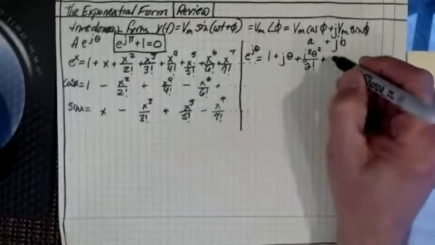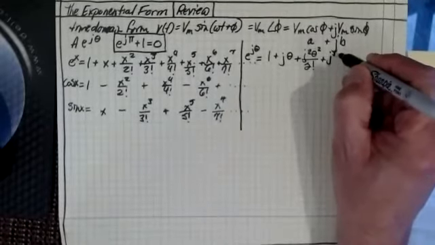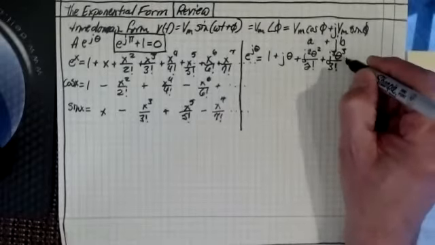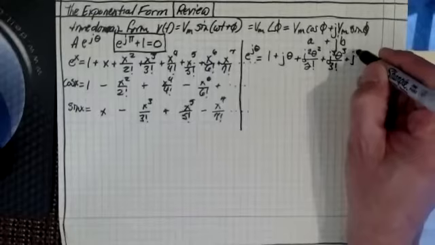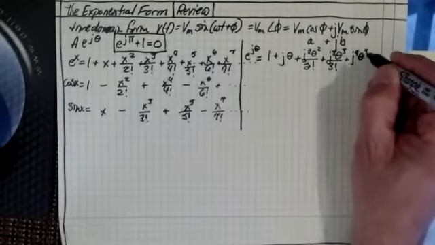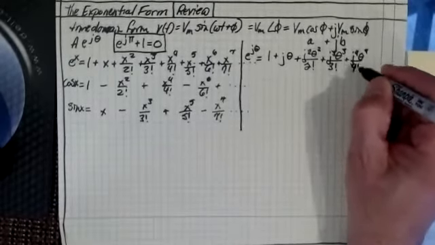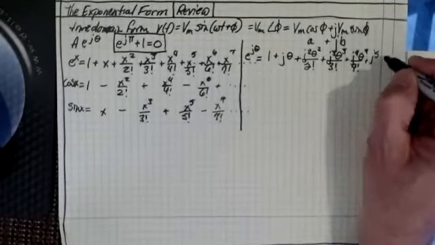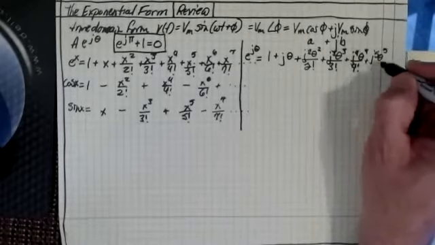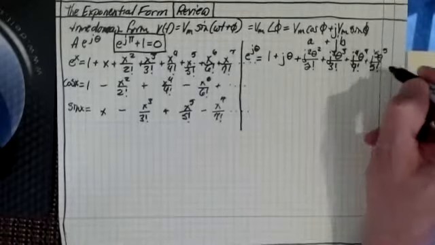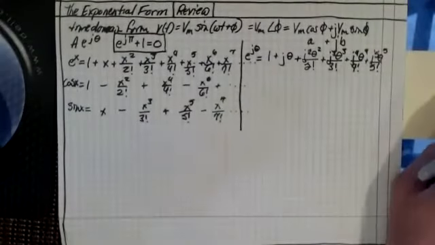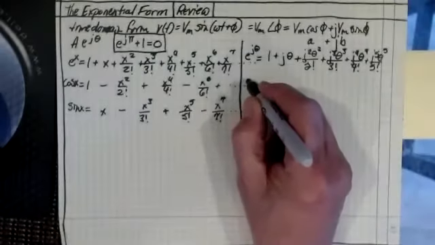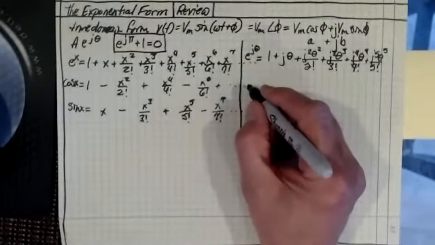Plus j cubed theta cubed over 3 factorial, plus j to the 4th power theta to the 4th power over 4 factorial, plus j to the 5th power theta to the 5th power over 5 factorial. I think I've just run out of room there, but you get the general idea. And so that's what I want to look at here, e to the j theta.